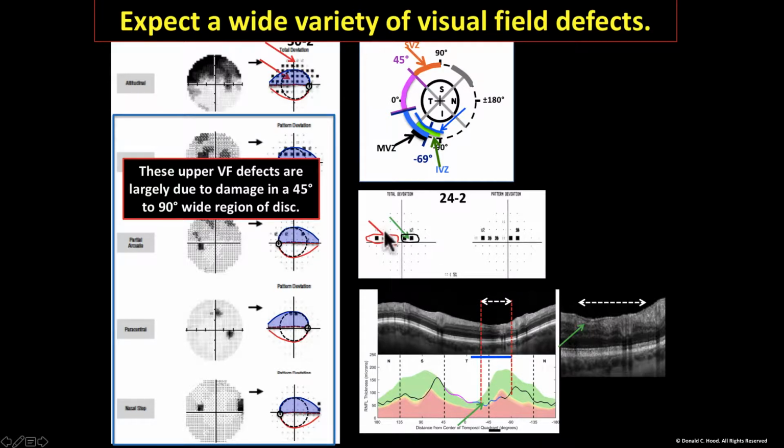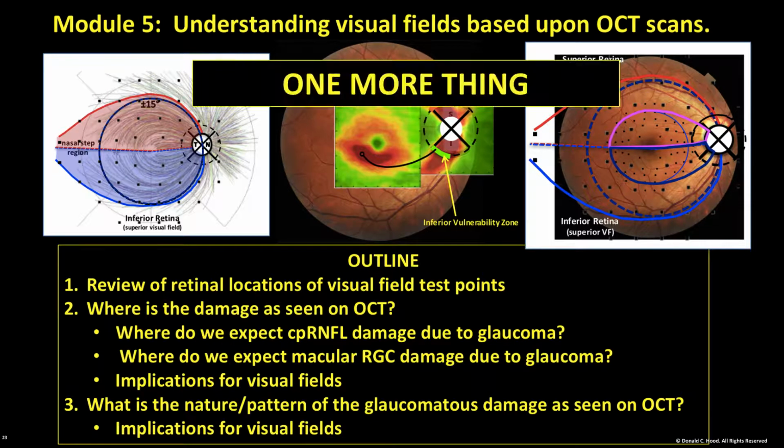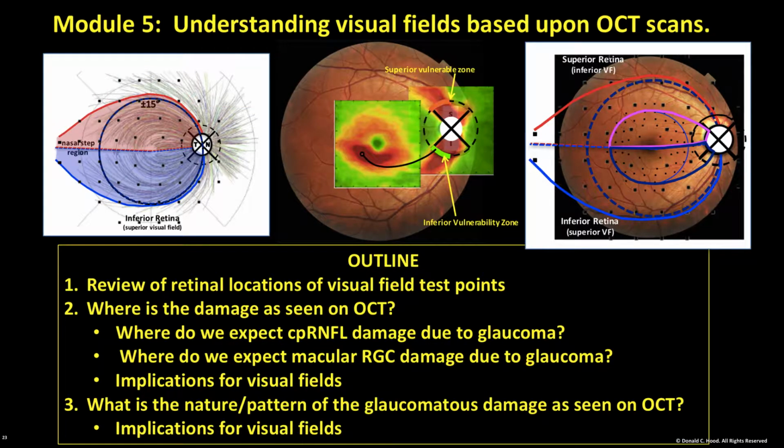This point here corresponds to about here, and about here where you've got more retinal nerve fiber layer left. And then if you go out here, where there's just a hint of abnormality now, you can see it there. Now you're out here, and you're over here. Okay, so that's the way we're starting to look at damage on OCT and relating it to visual fields.